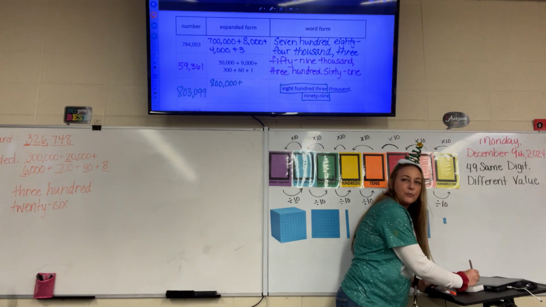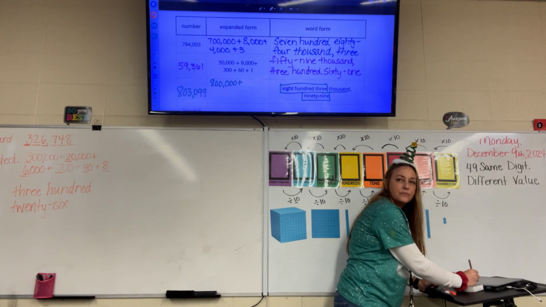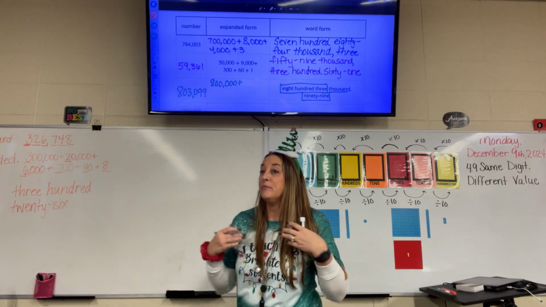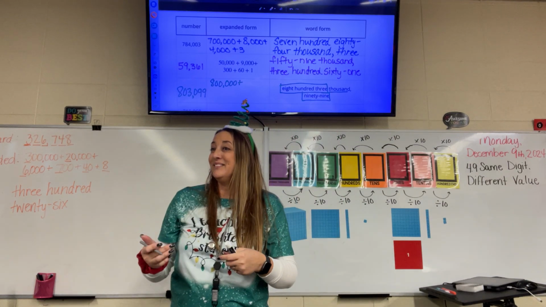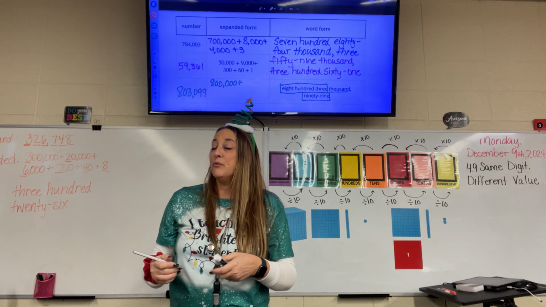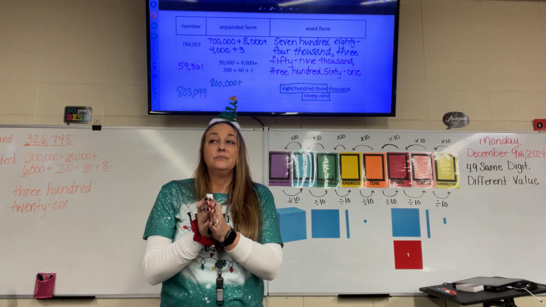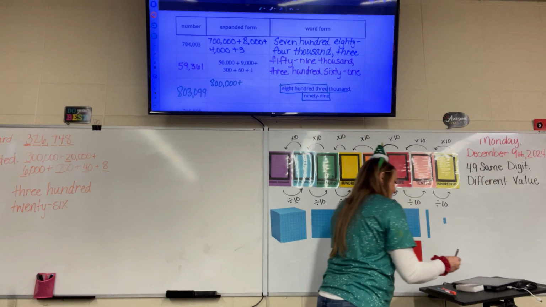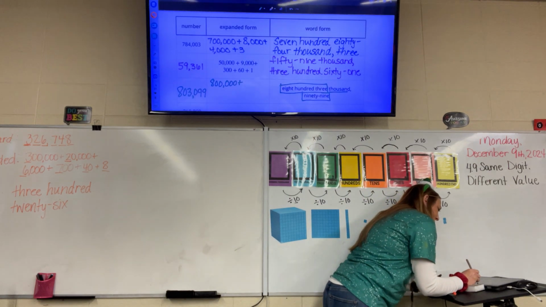What place is the 3 in? The tens place. No. No, wait. The thousands place. So if it's a 3 in the thousands place, it would be? 83,000. No, we're just talking about the 3 right now. 3,000. 3,000, yes. All right.